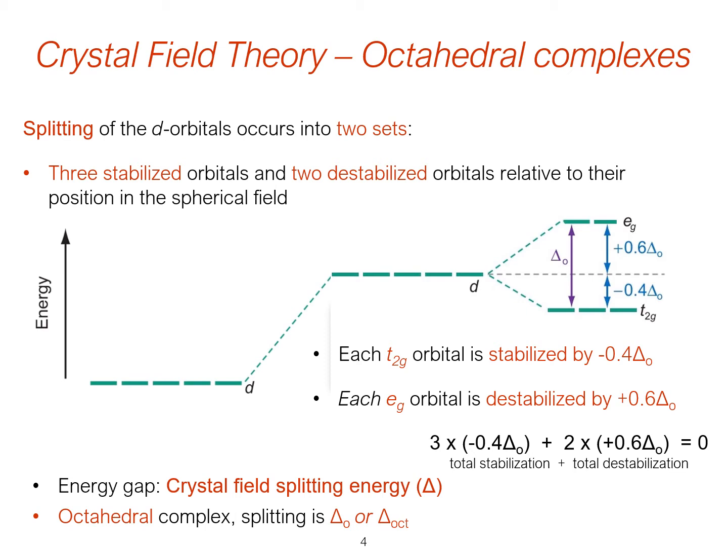And here we can see how the splitting of the d orbitals happens in this octahedral crystal field. At the bottom here, we've just got the normal d orbitals in the elemental metal. When it's put in what's called a spherical crystal field, so just a uniform negative charge everywhere, they increase in energy, but they're all the same.